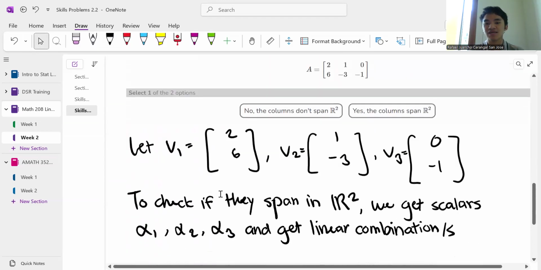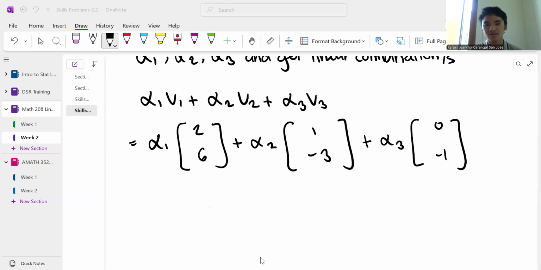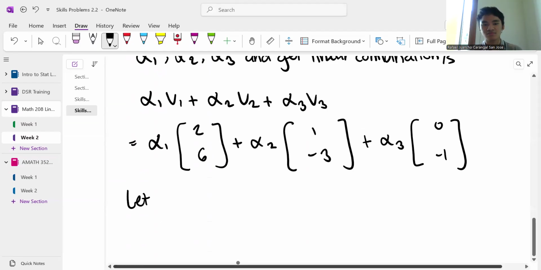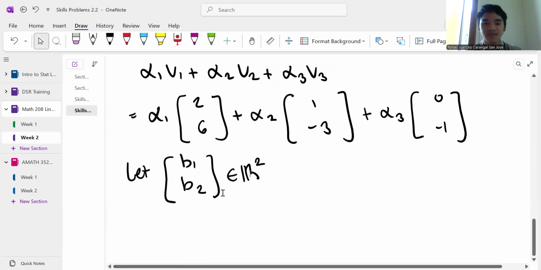Oh, so now the thing is we can't convert them into an augmented matrix, right? So what's going to be our solution? Maybe let's do b sub 1 and b sub 2. Let's say this is part of R2.